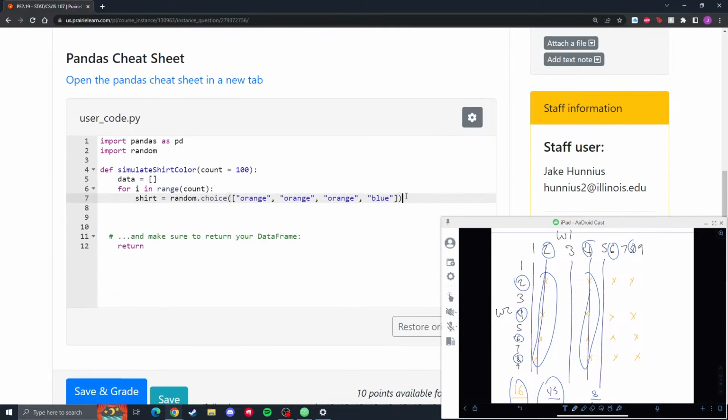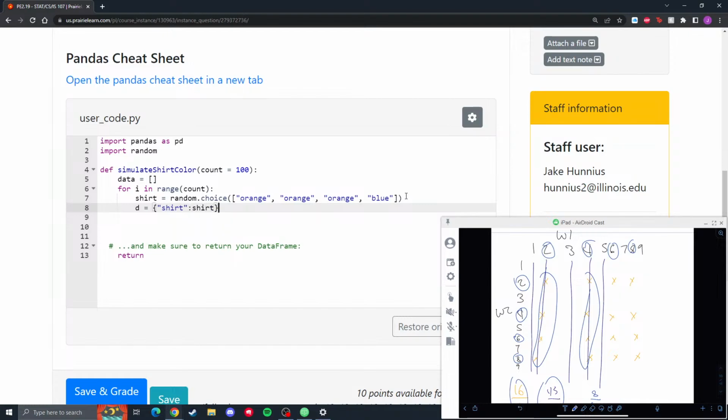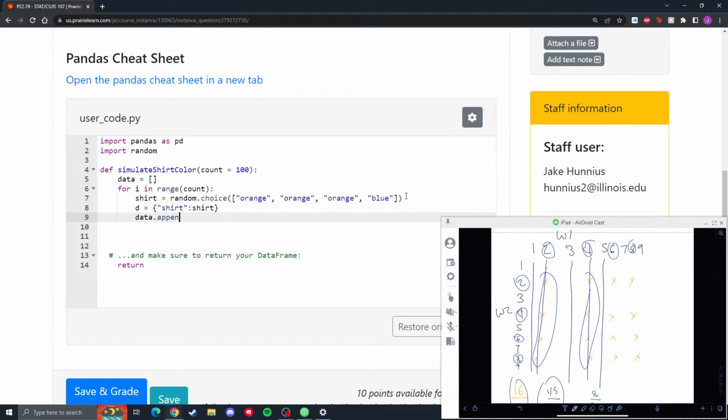So that's how we get the shirt, and then we can just do our dictionary, shirt colon shirt, data.append d, and then we can create our data frame anywhere we want.